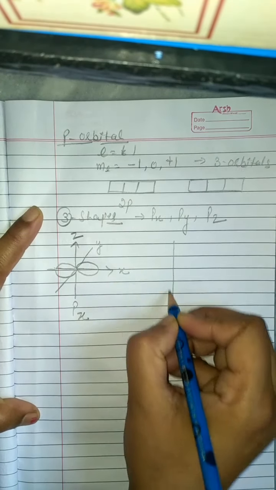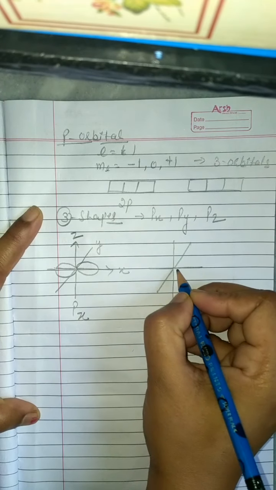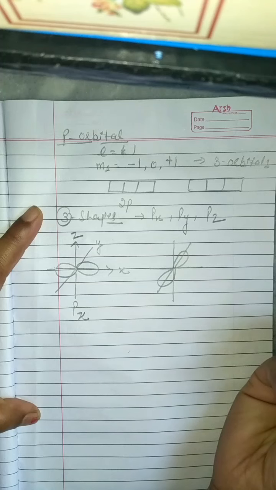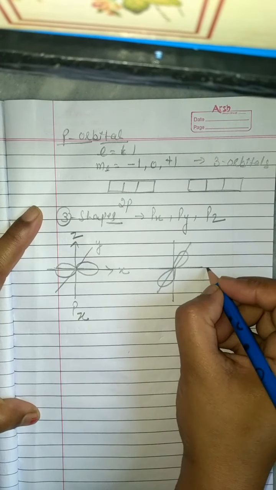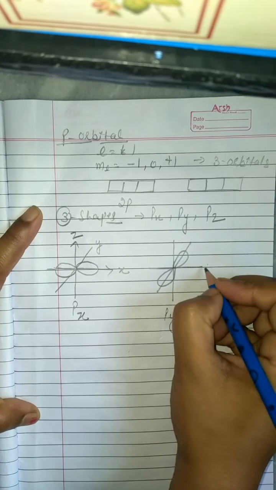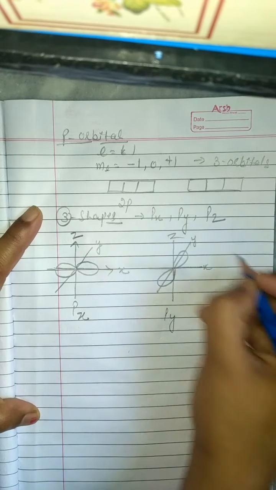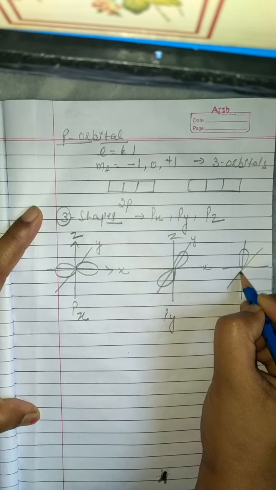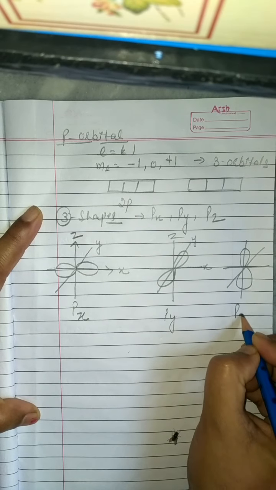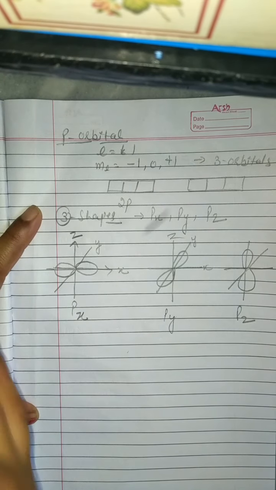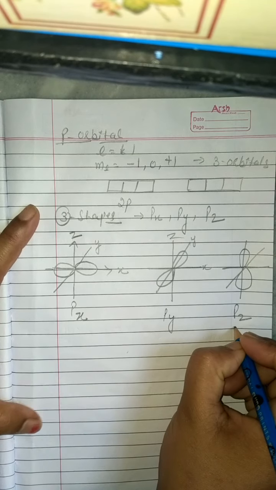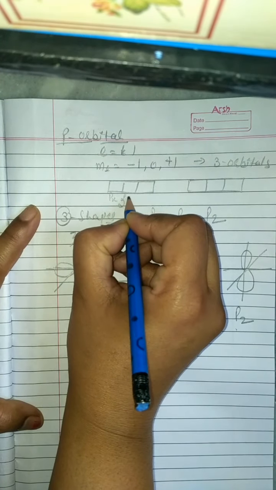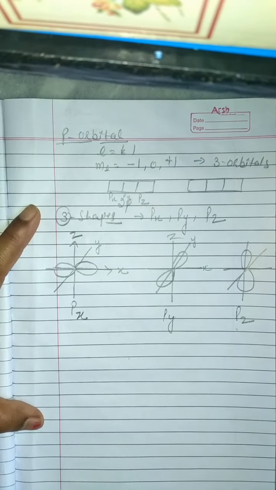In y, two lobes are present on the y-axis. That is called py. And in z, two lobes are present on the z-axis. That is called pz. 3 orbitals are there: px, py, and pz.